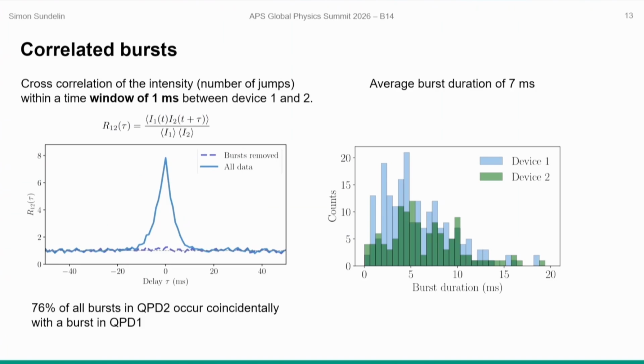By computing the cross-correlation in the intensity, or the number of jumps occurring in a small window of time, we see a large degree of correlation between the 2 devices for a small delay time, while if we remove the bursts from the data sets, this correlation completely disappears, corresponding to completely Poissonian, uncorrelated events between the 2 devices. And then if we turn to looking at the duration of these correlated bursts, we see that they tend for both devices to last on the order of 7 milliseconds. So quite a long time, actually.